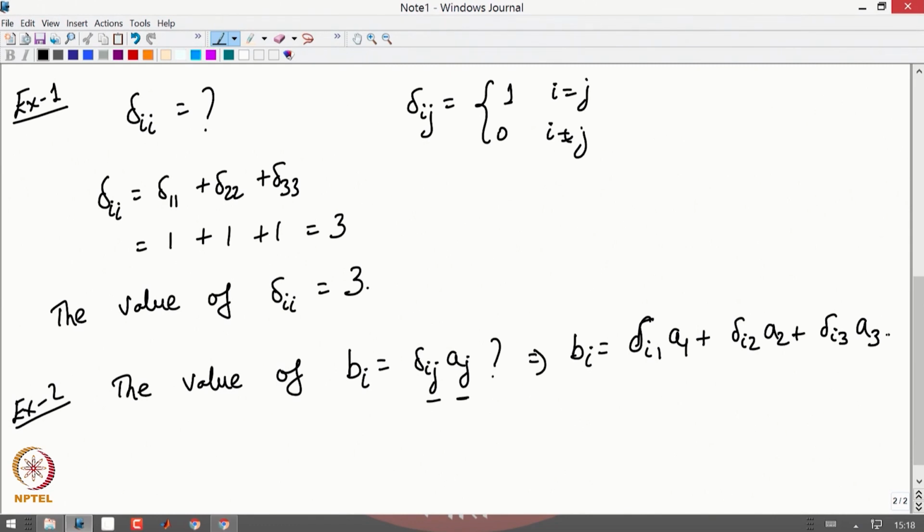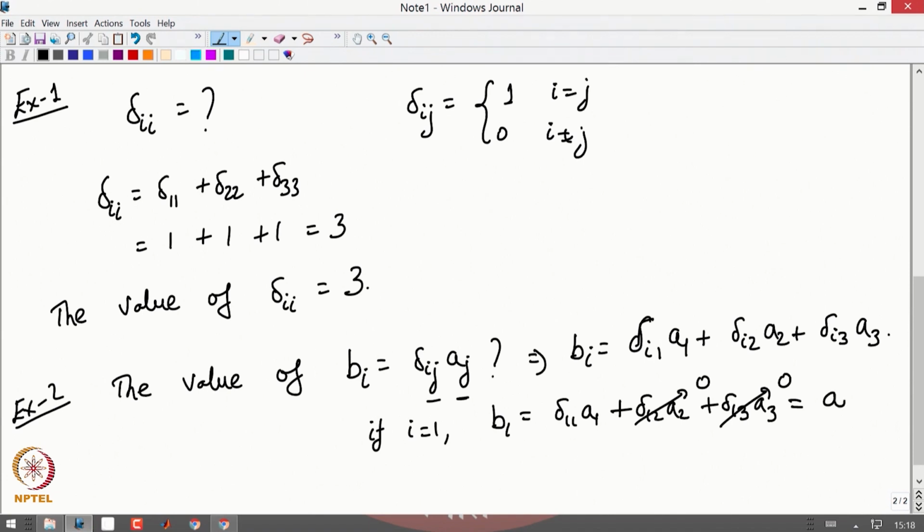Now, if I substitute i equal to 1, b1 would be delta 11 a1 plus delta 12 a2 plus delta 13 a3. This will mean that delta 12 is 0 because of the fact that i is not equal to j, then delta is 0, and hence this will be 0 and this will also be 0, hence this will be a1.